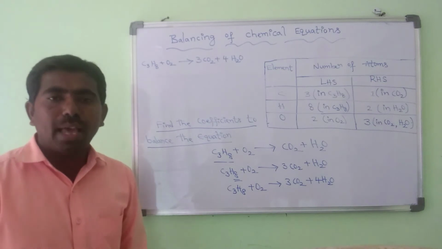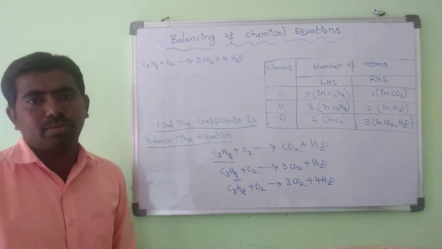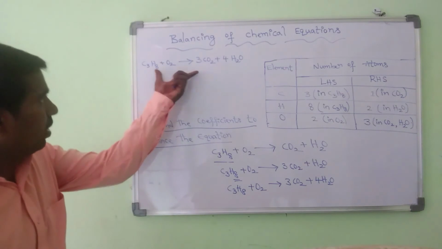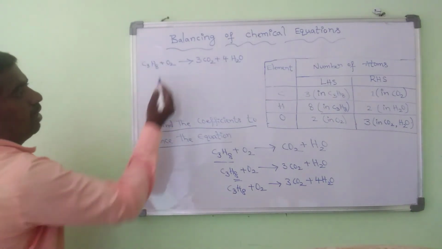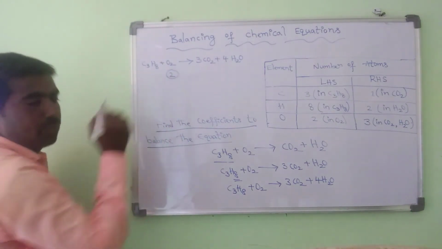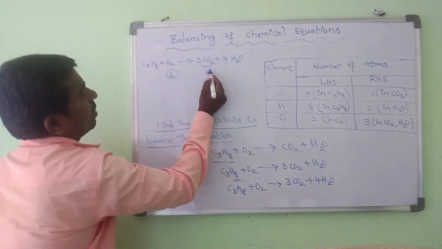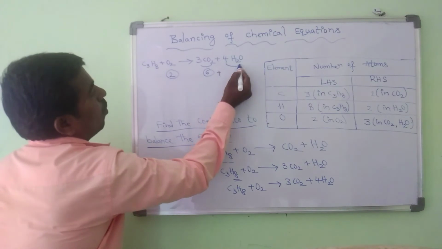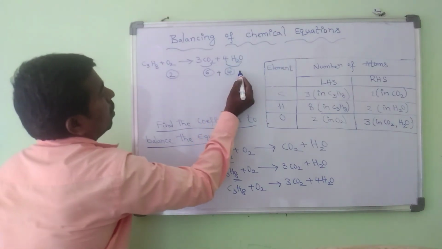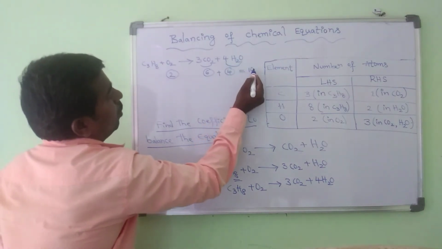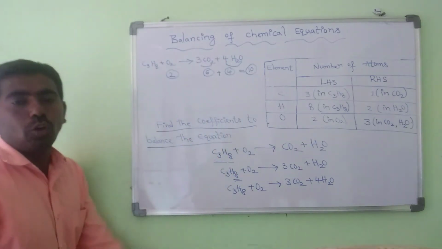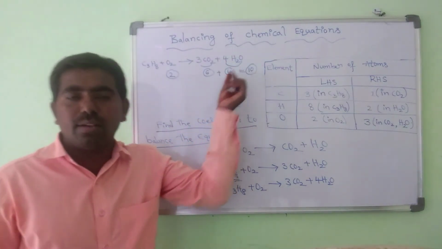Finally, we have to balance the oxygen atoms in this equation. Observe here, on the left side 2 oxygen atoms are there. On the right side, 3 2s are 6 plus 4 1s are 4. 6 plus 4 equals 10. Total number of oxygen atoms on the right side is 10.